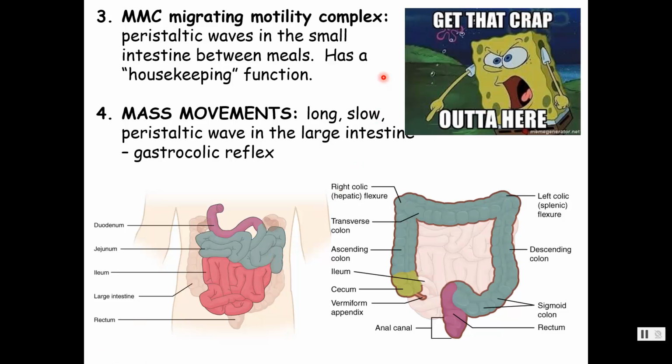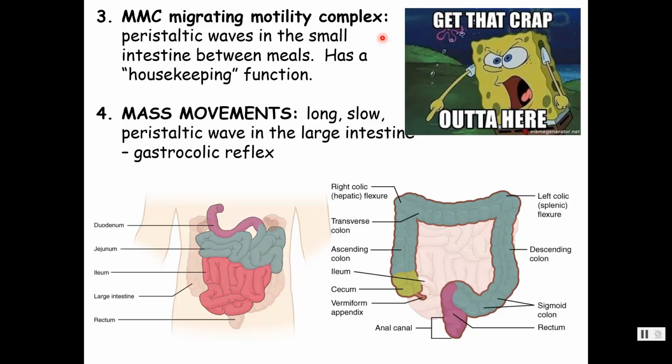Another type of movement that only occurs in the small intestine is called the migrating motility complex. Its job, basically, is that when we are fasting, there is a hormone release, motilin, and it causes this peristalsis, this repulsion, about every 1.5 to 2 hours.